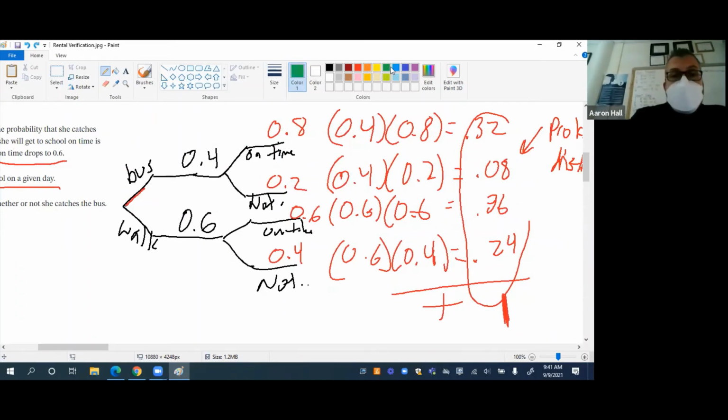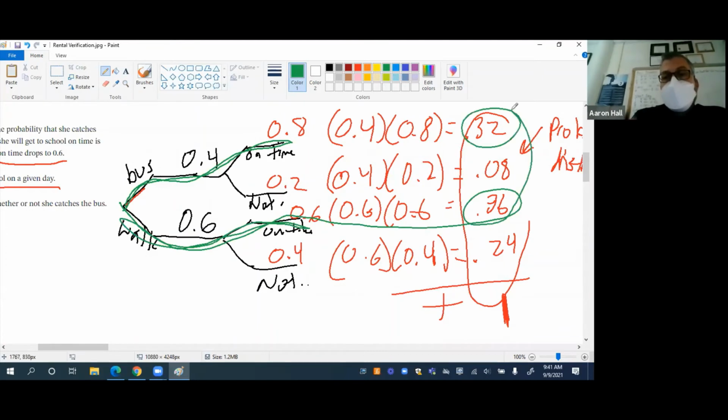This branch here and this branch here. So what are those together? Yes, the probability that she's on time is 68. We add those together, so that gives us 68.